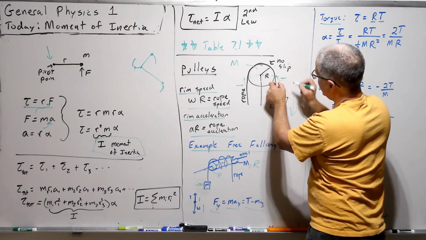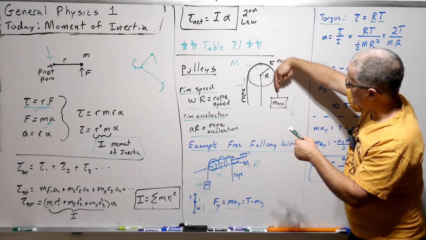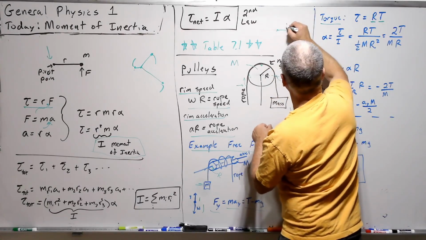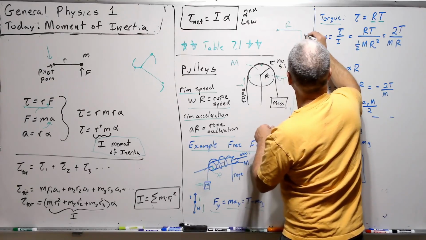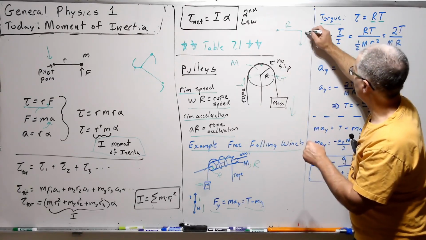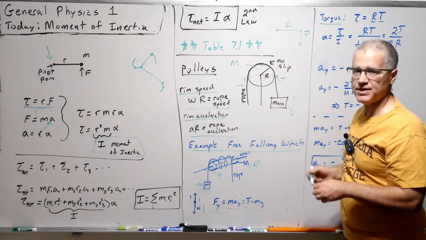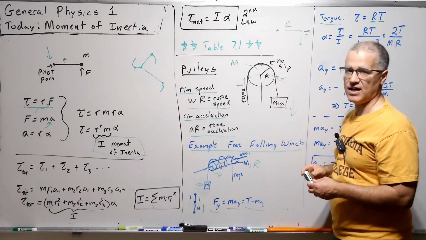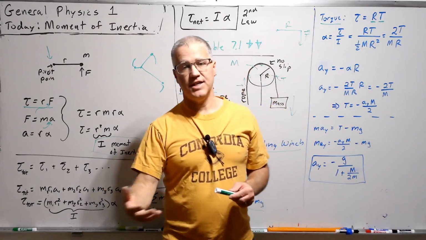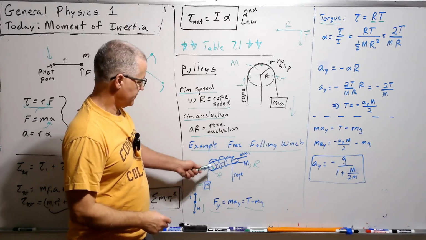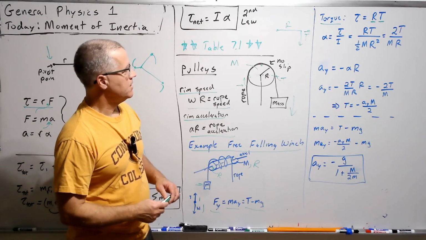So it is indeed acting perpendicular to the radius. The tension force is acting perpendicular to the radius, always straight down here, and the contact point is straight across. So all of the tension goes into rotating the winch in this case.